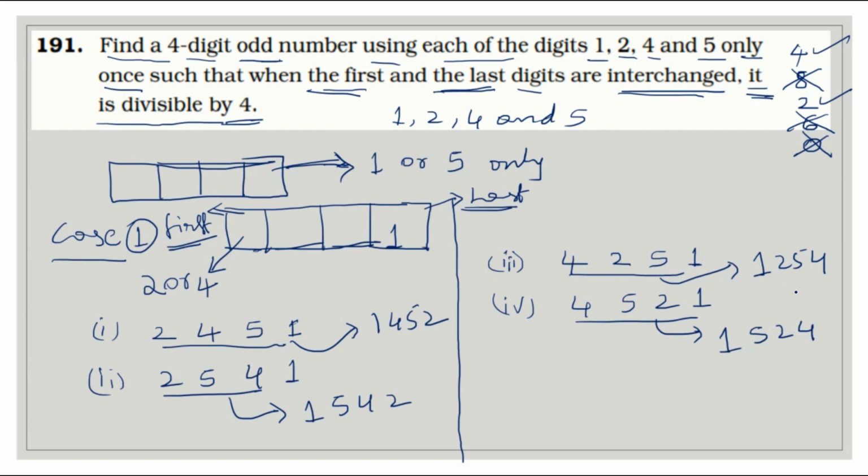That means here 24 is divisible by 4. This could be one option. 54 is not divisible by 4, therefore this is not a right option. 42 is not divisible by 4, so this is not a right option. And 52 is divisible by 4, so this could be one option.